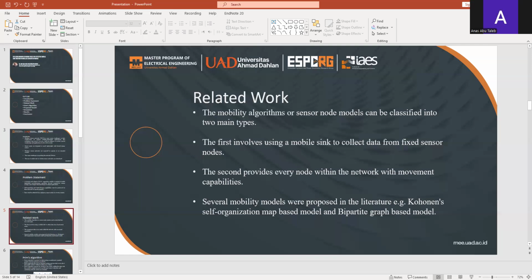The bipartite graph is based on dividing static sensor nodes into two groups based on the relations or the distance between them. So the near node will be in the same group.